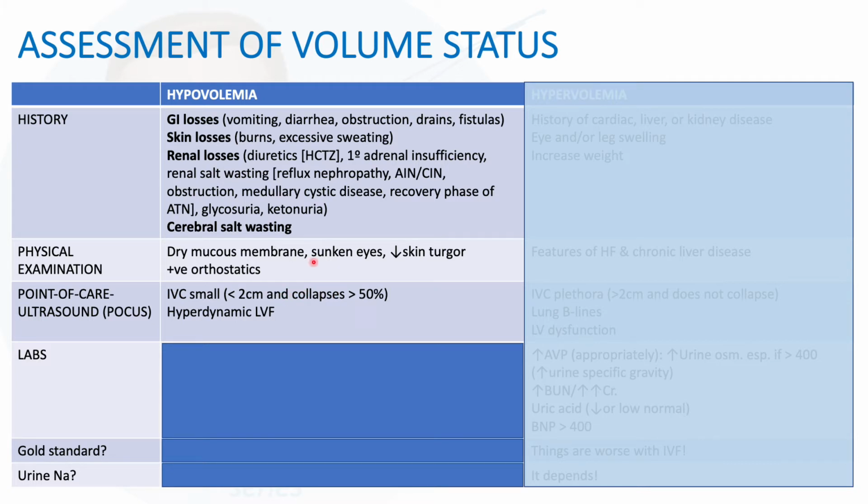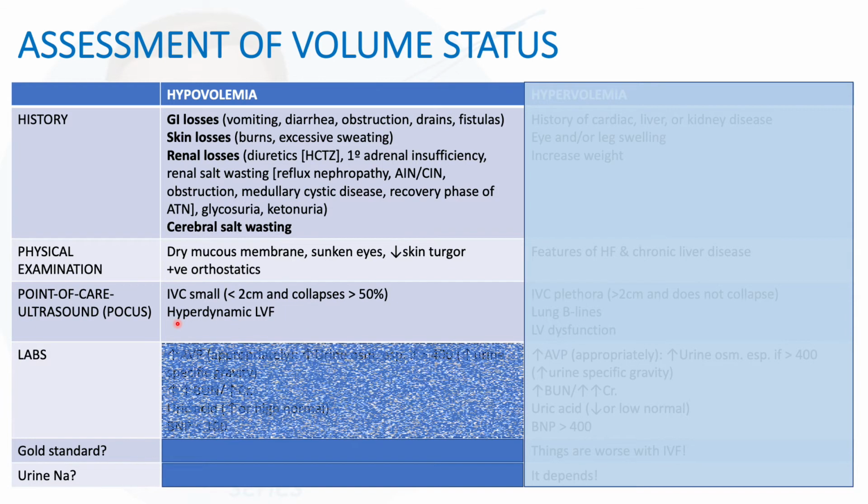With hypovolemia, expect it to be small, generally less than 2 centimeters, and it usually collapses more than 50% during inspiration. Also, if the patient does not have left ventricular heart failure or myopathy, then as a compensation the heart will be hypercontractile, so you might see hyperdynamic left ventricular function on bedside ultrasound as well.